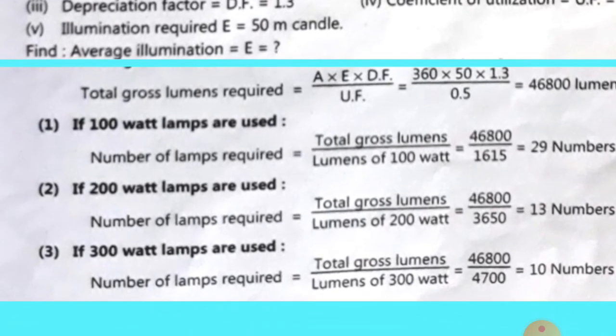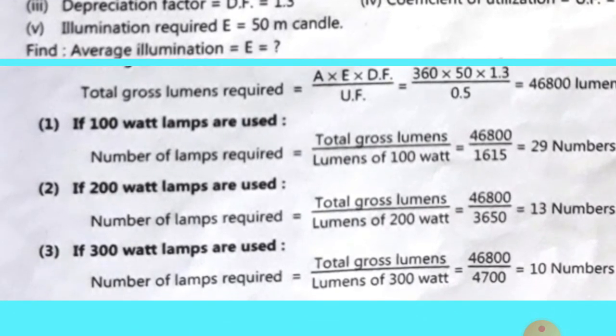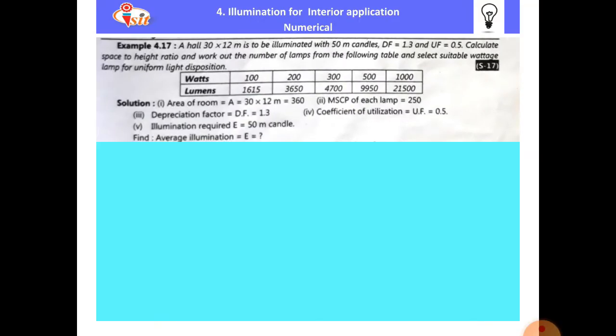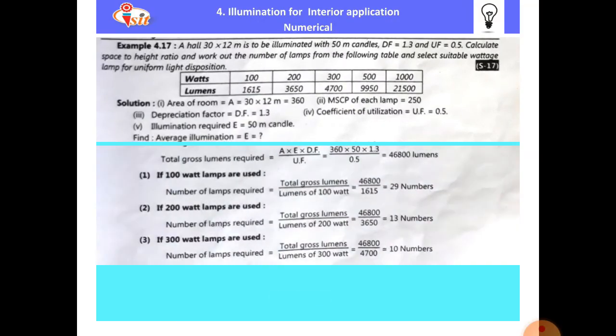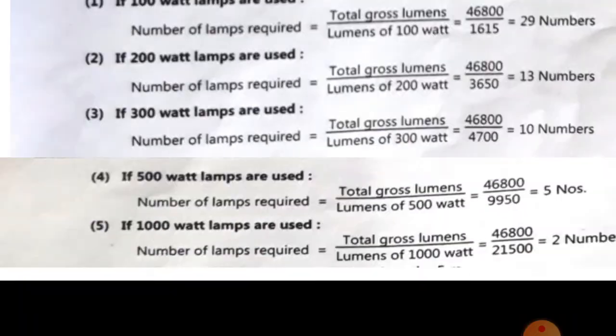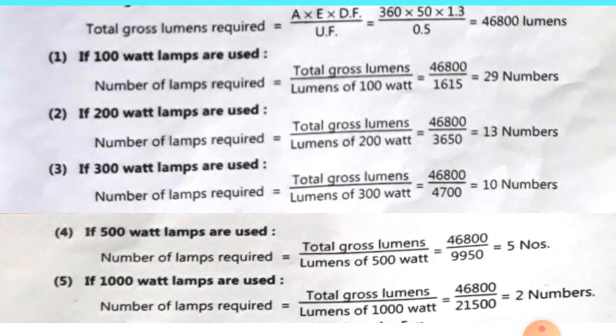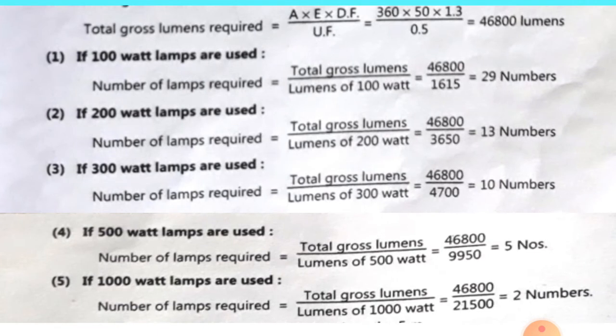Considering this value, we get 10 number of 300 watt lamps used to illuminate the same hall. If we use 500 watt, then 5 number of lamps are required. If we use a 1000 watt lamp, then 2 number of lamps are required to illuminate the hall.